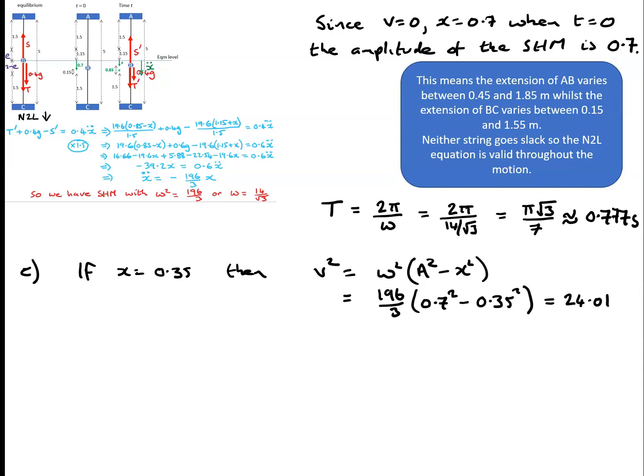So that is equal to 196 over 3 times 0.7 squared minus 0.35 squared, which gives us 24.01 for v squared. So the speed is 4.9 meters per second when the value of x is 0.35.